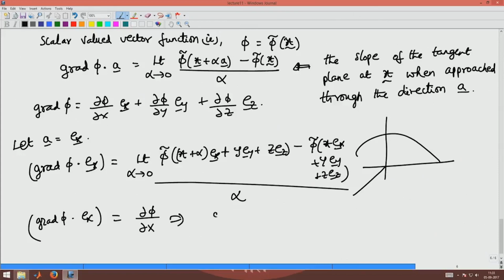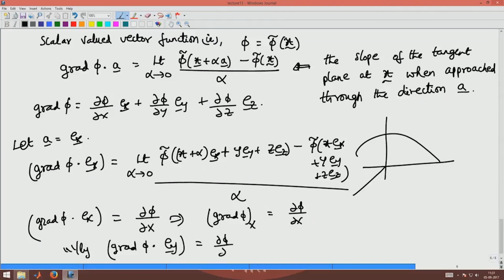Okay. So, grad phi dot Ex is dou phi by dou x. This implies the grad phi x component is dou phi by dou x. Similarly, you can show that grad phi dotted with Ey is dou phi by dou y, and grad phi dotted with Ez is dou phi by dou z.